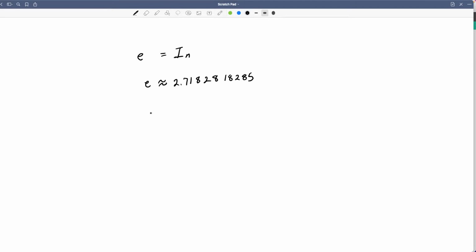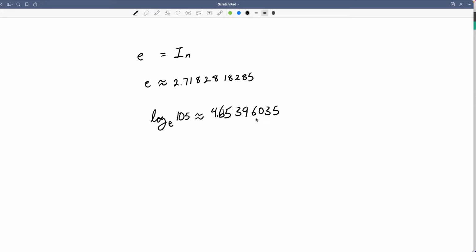So that would be the way we would write that: the logarithm of 105, the base e, is approximately equal to 4.65396035.